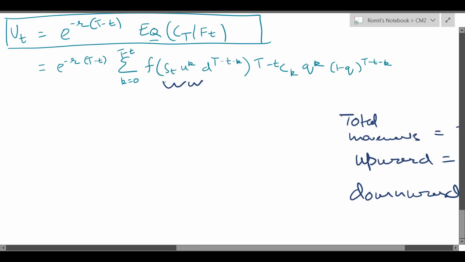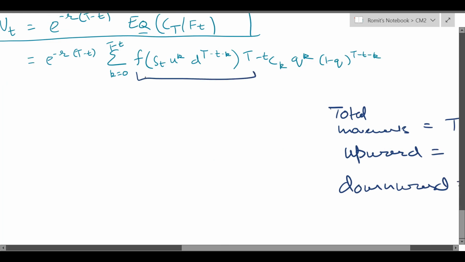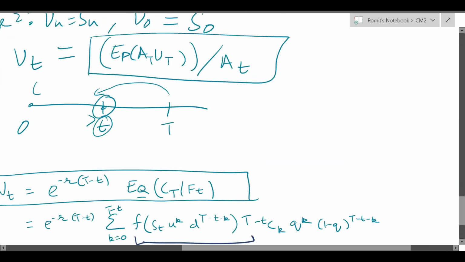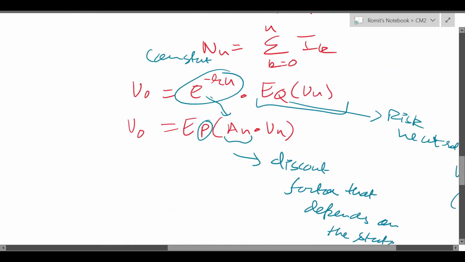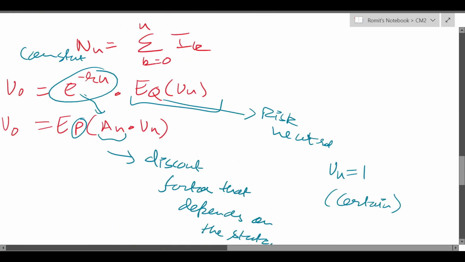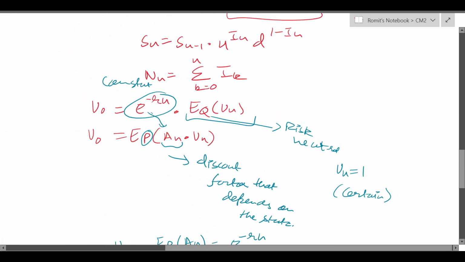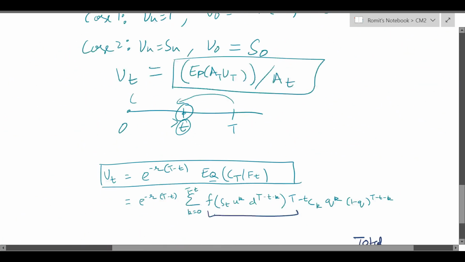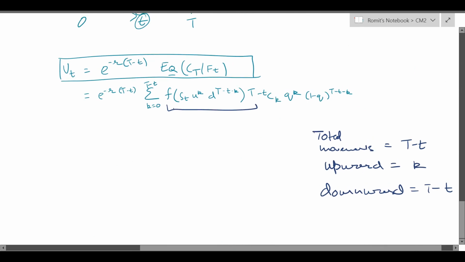So that is what is happening, and the notation that we used for this was V_n given k upward movements, which can be written as f of V_n for k upward movements.